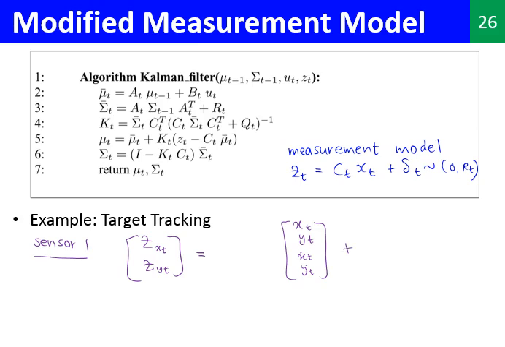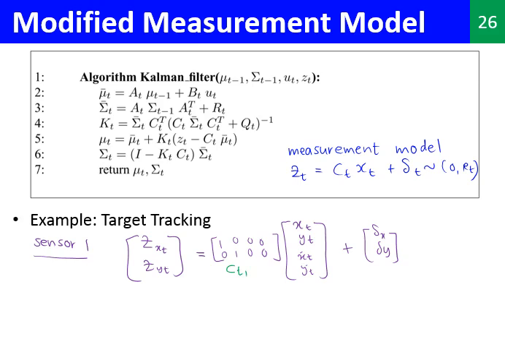Then we have noise components. So the C matrix would be this one. Okay, so I will call it as C1, right?